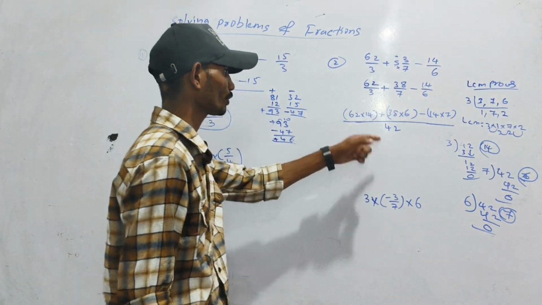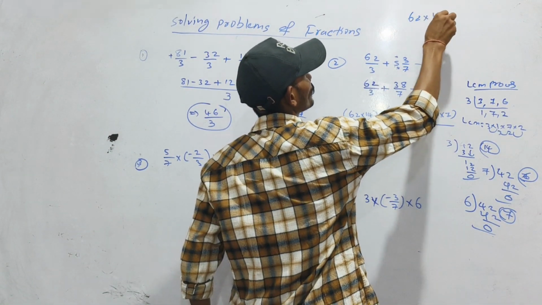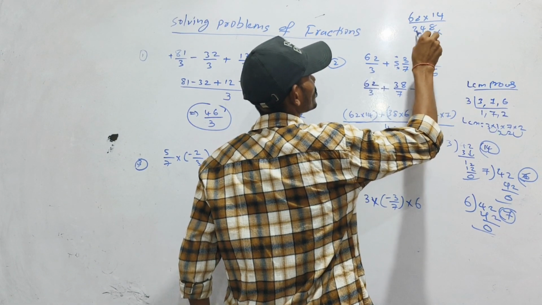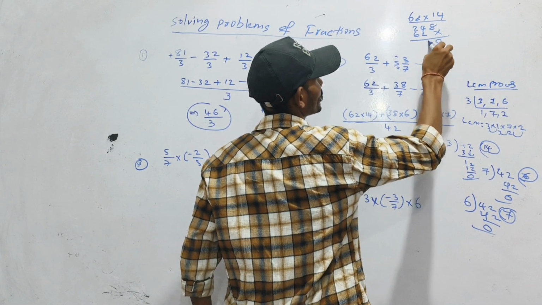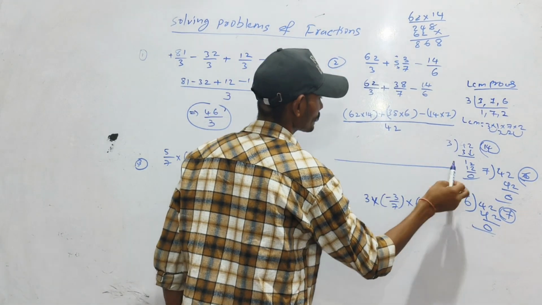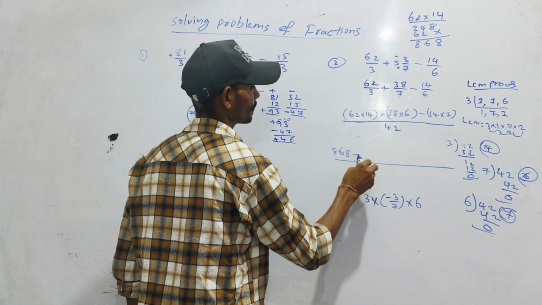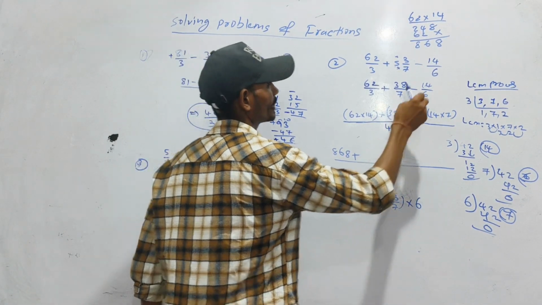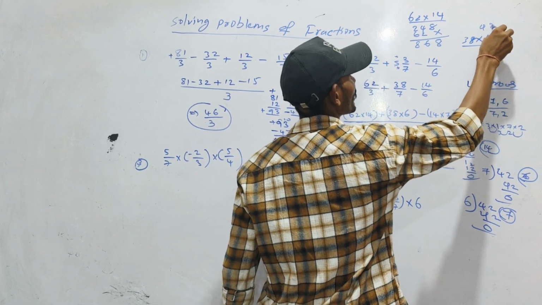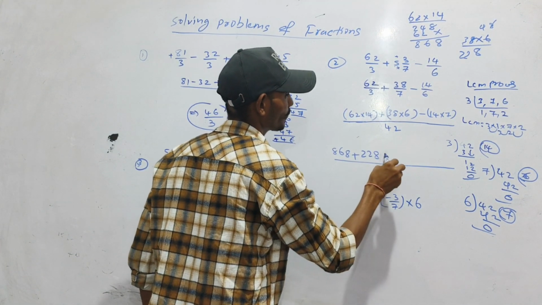So now multiply 62 into 14, which gives 868, plus sign. Then 38 into 6 is 228, with a minus sign.